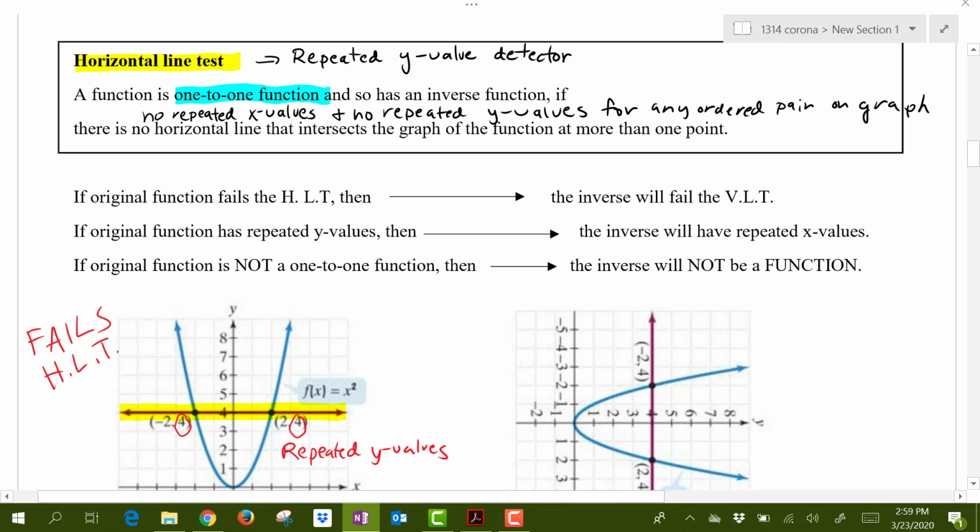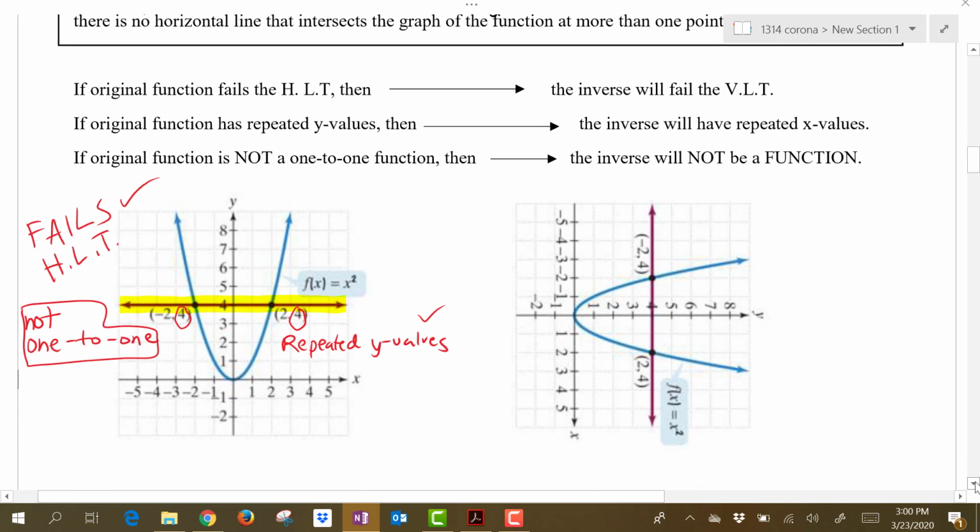What does it mean for a graph to fail the horizontal line test? If a graph fails the horizontal line test, then that means that we have repeated y values. If we have repeated y values, that means that the function that we see is not one-to-one. If the function we see is not one-to-one, then it has no inverse function.